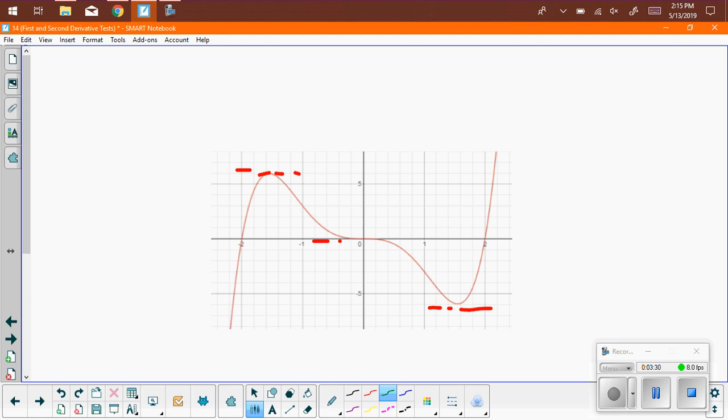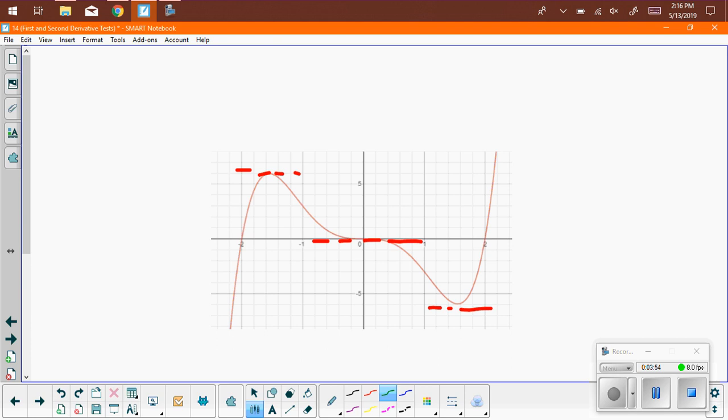But it's also possible that we just get a part where it gets flat, and it's not a max or a min. So how am I going to decide that? Once I know where my critical points are, how do I figure out if they're a max or min, or maybe they're neither? One way we can do that is if I had some way of figuring out where the function is increasing or decreasing.